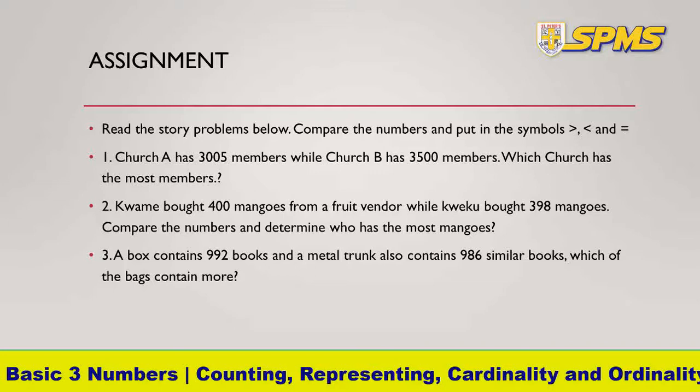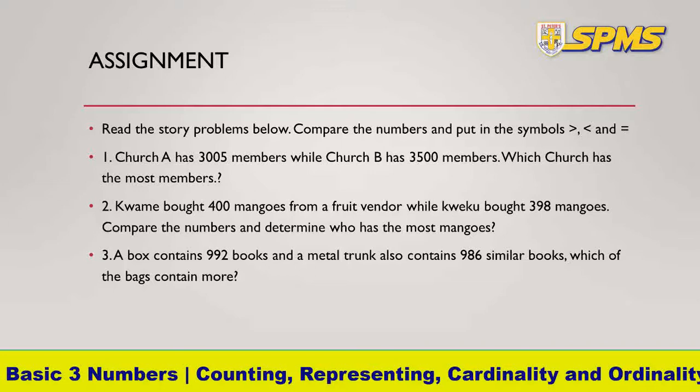Which church has the most members? Number 2, Kwame bought 400 mangoes from a fruit vendor, while Kweku bought 398 mangoes from the fruit vendor. Compare the numbers and determine who has the most mangoes.